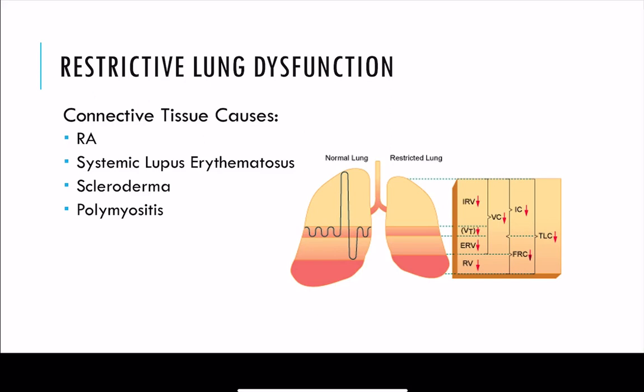In lupus, the skin and the joints of the thorax can be affected, which can lead to restriction, right? In addition to the possibility of inflammation of the serous membrane. Scleroderma is hardening and tightening of skin and connective tissues, creating like a cage around your chest wall and limiting the ability of that patient to get air into their lung.